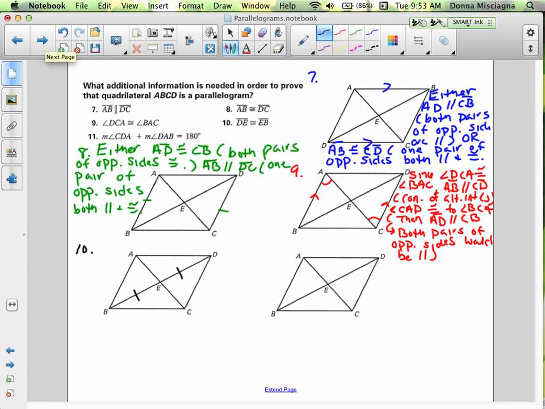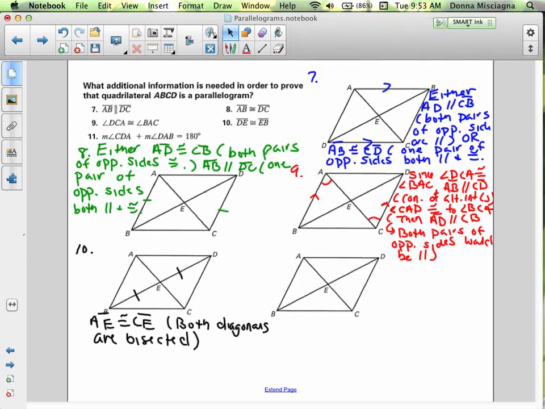So we need AE congruent to CE, and then both diagonals are bisected. That was one of the easiest ones. All right, done with that one. On to the last one.